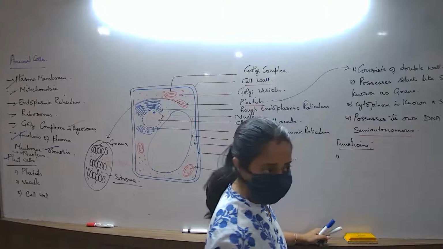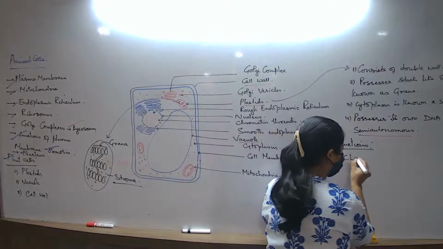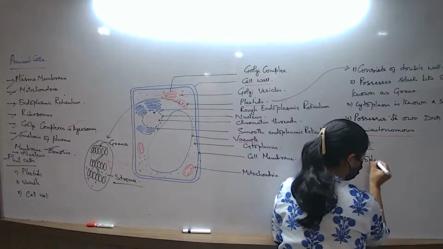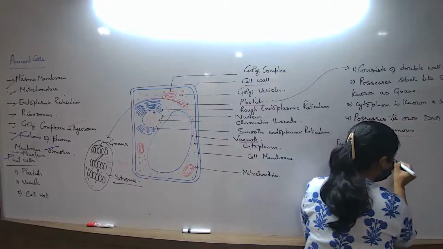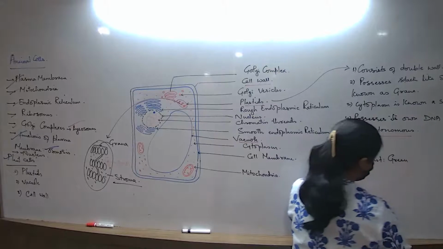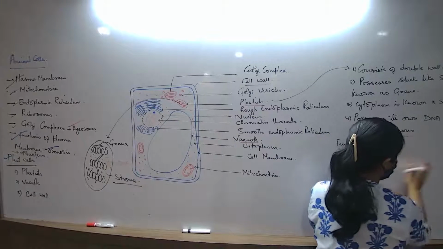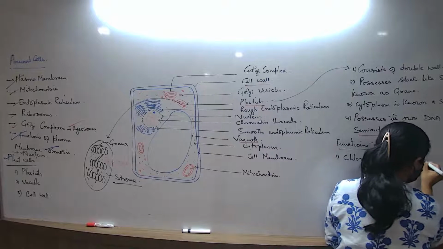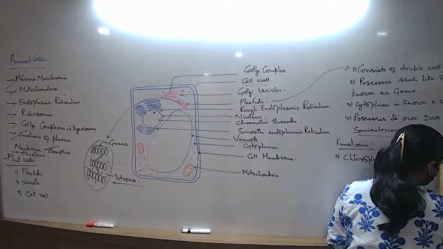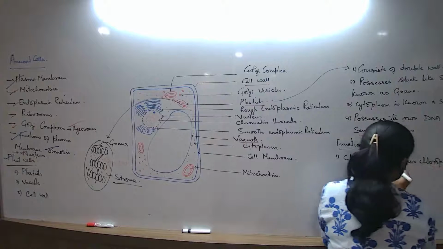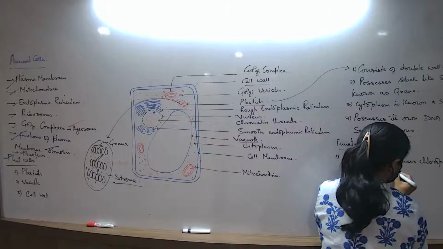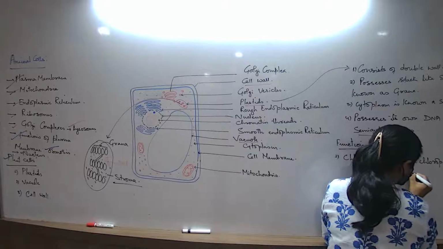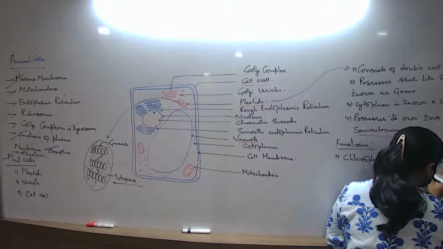Plastids can be of three types. What is the first type? Chloroplast. Chloroplast, they are green in color. Chloroplast produces chlorophyll and helps in photosynthesis.